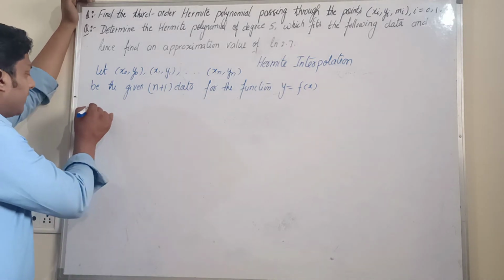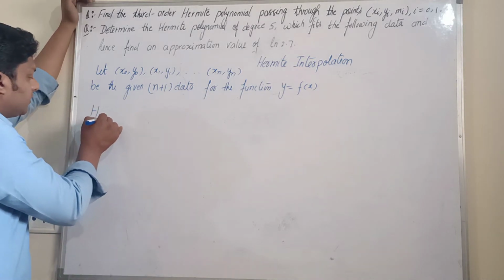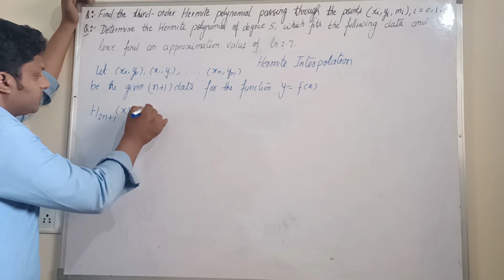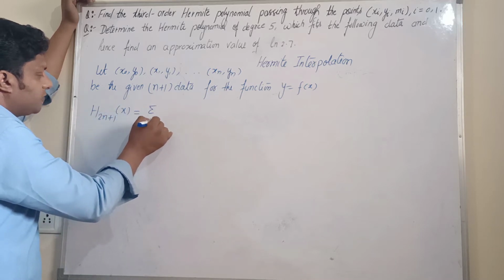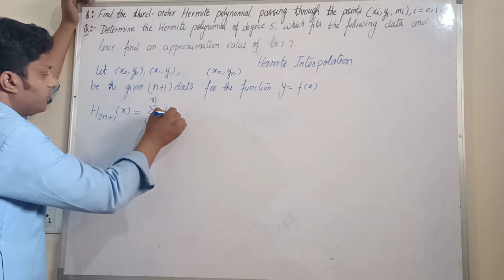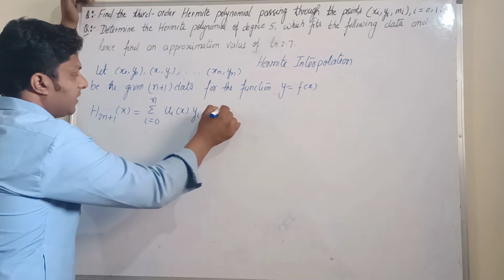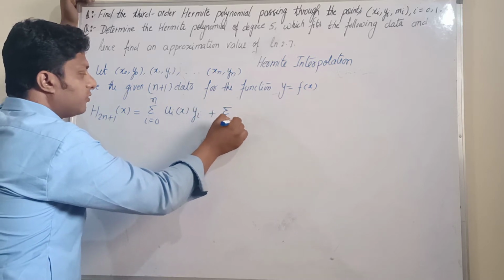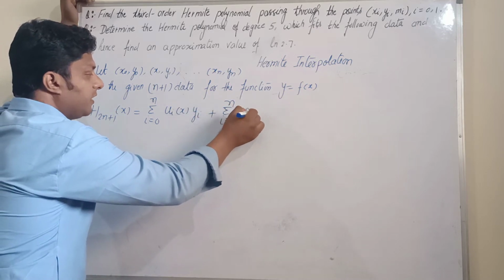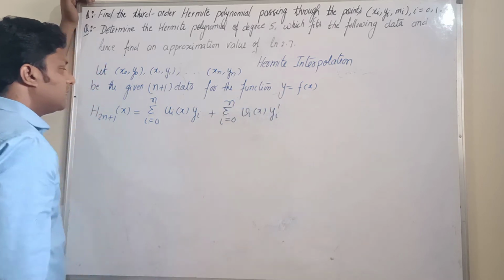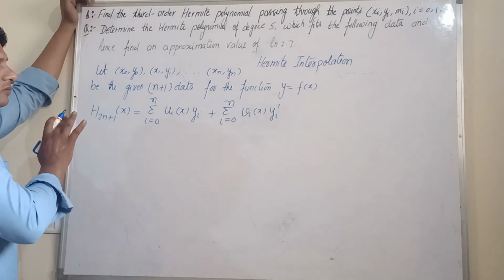So the Hermite interpolation formula is H_{2n+1}(x) equals summation i runs from 0 to n u_i(x) y_i plus summation i runs from 0 to n v_i(x) y_i'(x). So what does it mean?